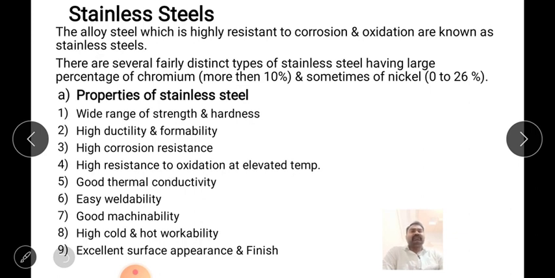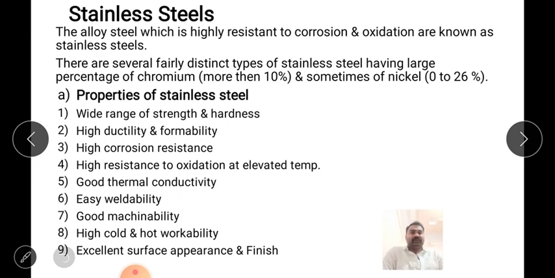Okay, there are several distinct types of stainless steel, having a large percentage of chromium and sometimes nickel. Now we saw earlier why chromium is added, because that chromium will form some layer or thin film with oxygen and it will prevent the oxidation of the iron. Okay, that's why more than 10% chromium is added in the stainless steel. Then sometimes nickel, that is up to 26%, is added into the stainless steel.